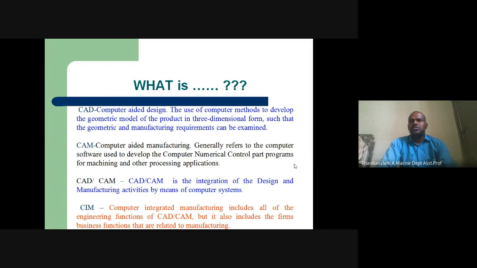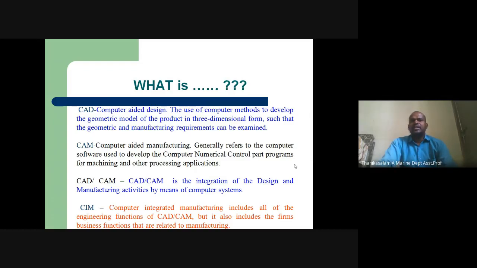That's why it's called the use of computer methods to develop the geometric model of the product in three-dimensional form. We know CAD tools: AutoCAD, Pro-E, SolidWorks, various computer design models available to design a component, mechanical components, or any other components.